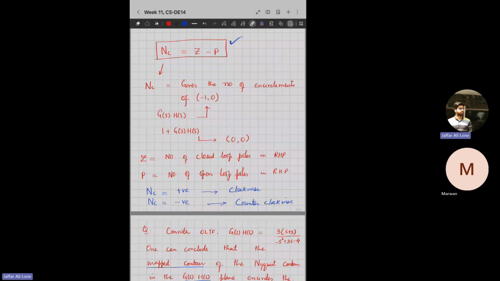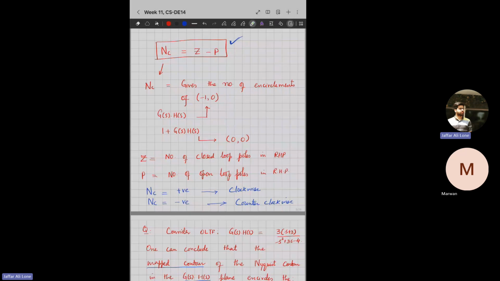Correct? So what is N_C? N_C is the number of encirclements of either the point -1, 0 or the point 0, 0. That depends on the mapping we are doing, right? If we are mapping the Nyquist contour to the GSHS plane, then we have to take the encirclement around -1, 0. If we are mapping the Nyquist contour to the 1 plus GSHS plane, then we have to take encirclements about 0, 0.